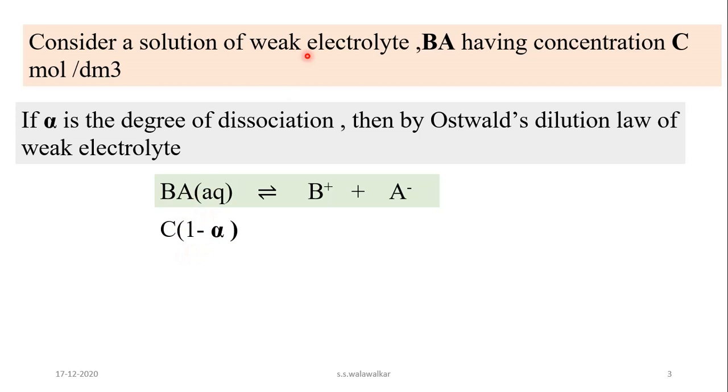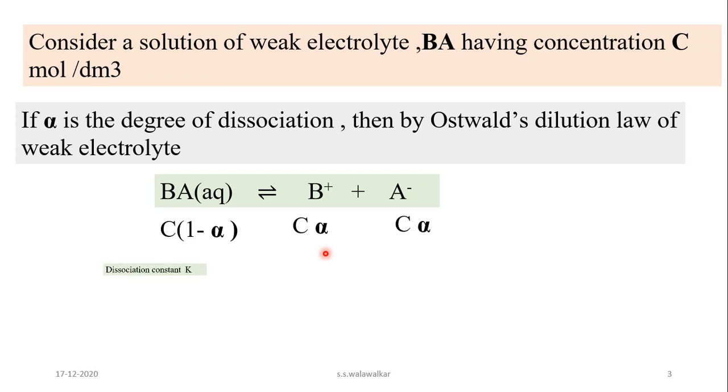If you take initially 1 mole of BA, and alpha is the degree of dissociation, then 1 minus alpha remains in undissociated form. The concentration of B+ ions at equilibrium is C into alpha, and concentration of A- ions at equilibrium is C into alpha.